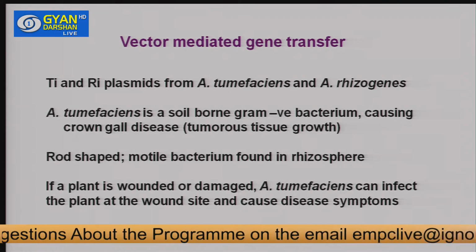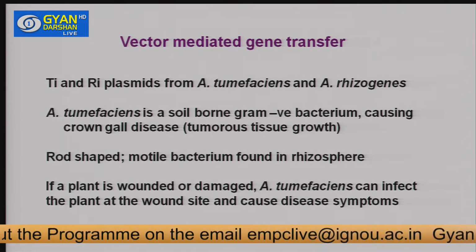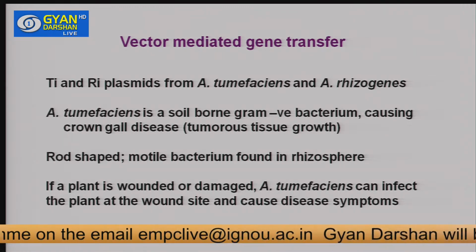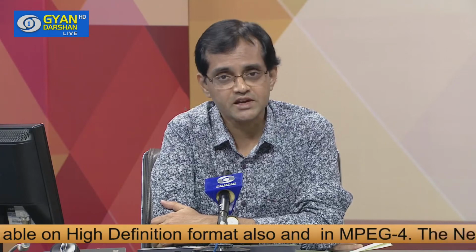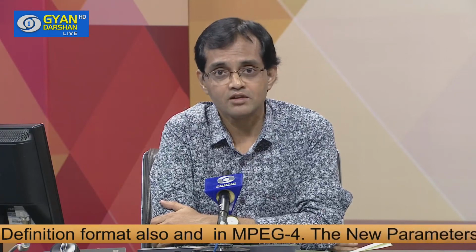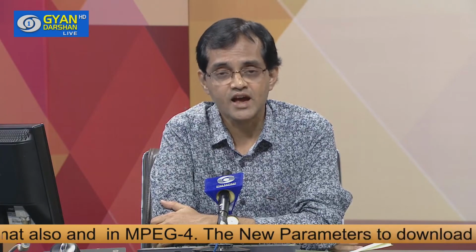So from this it is very clear that Agrobacterium tumefaciens must have some inbuilt components, or some vector within itself, which we make use of in plant transformation. So we will have to study in detail that particular vector which is present endogenously in Agrobacterium tumefaciens.